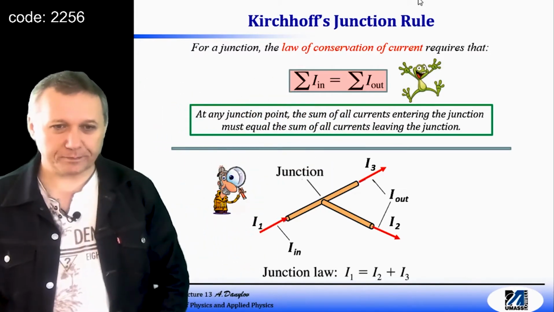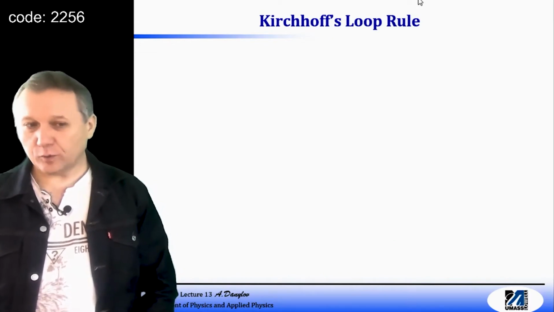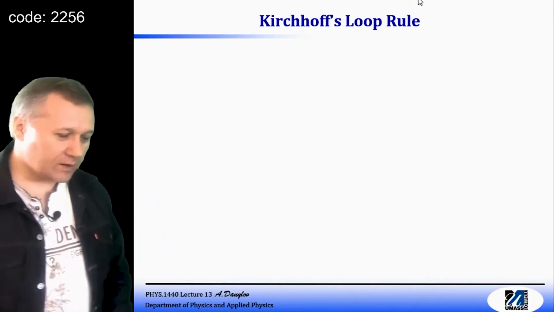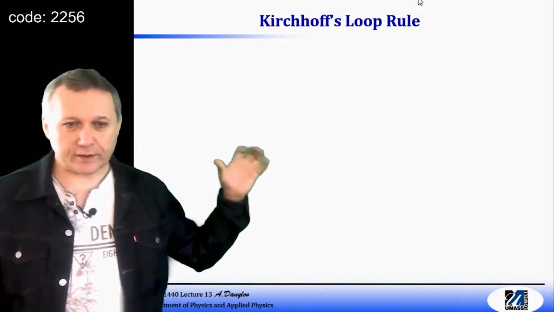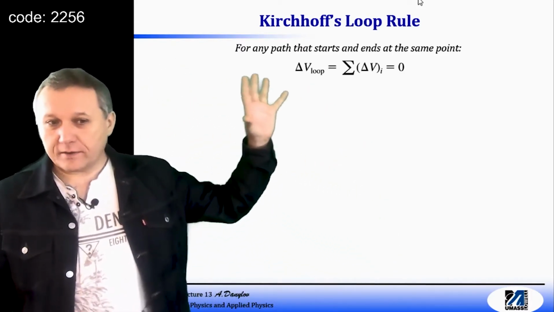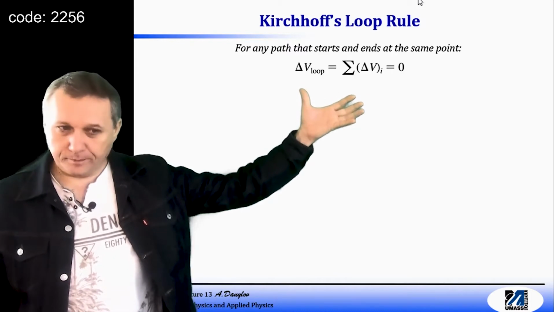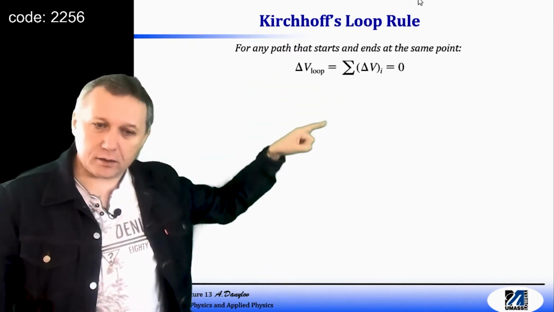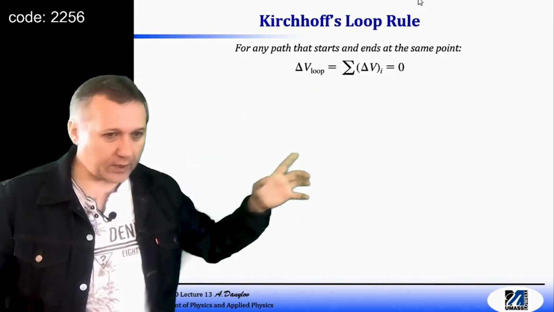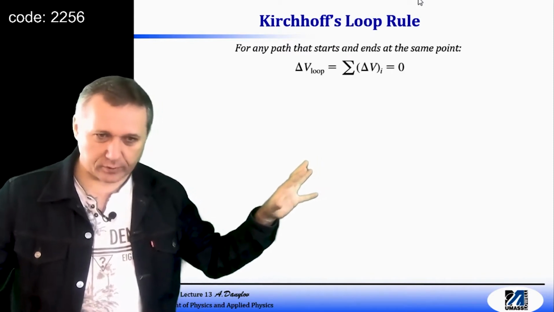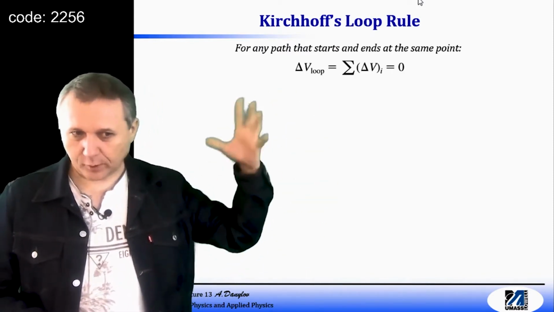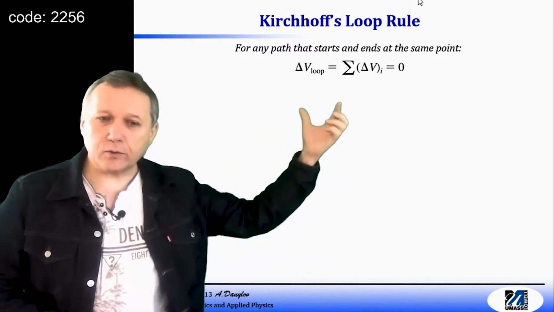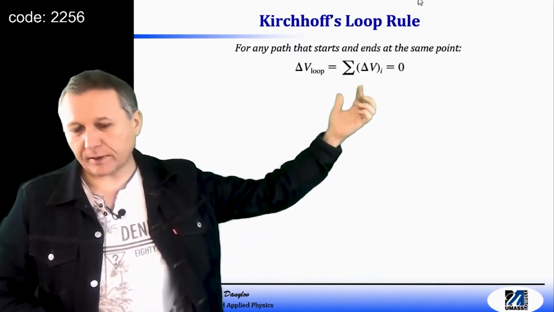Now, the second one, Kirchhoff's loop rule. Here we need to practice a little bit and discuss a few things. This is the rule. If you pick any loop in a circuit, it doesn't matter which one, and you start walking in a certain direction, clockwise or counterclockwise, counting potential differences.